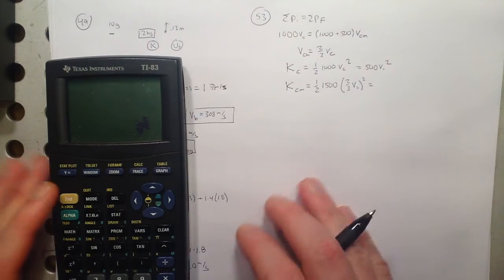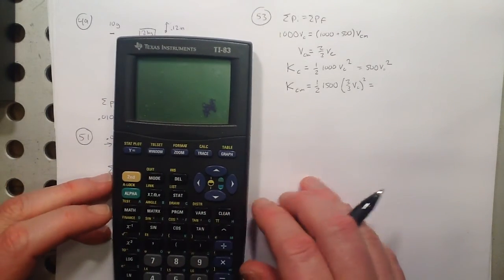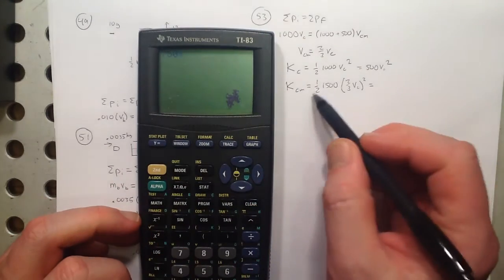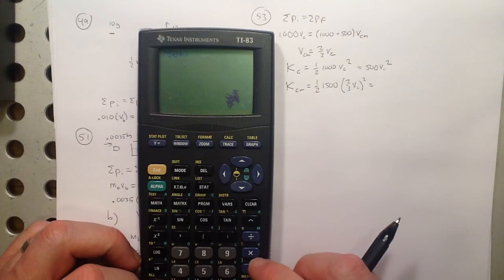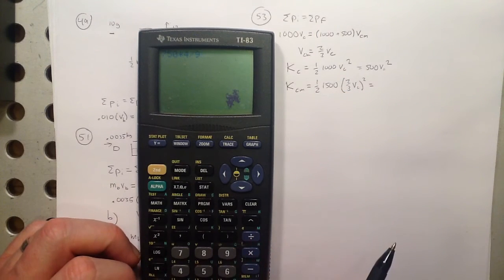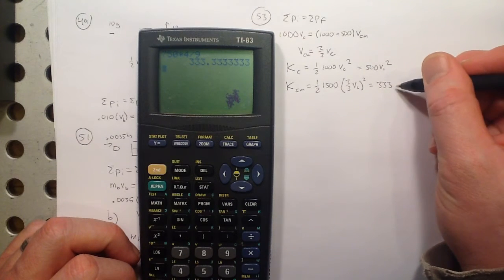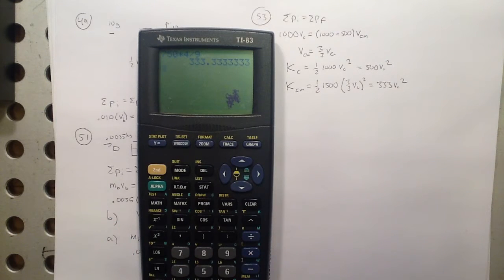So I'll just do a quick calculator work there. So I have 750 times 4/9. So that's 333 Vc squared. I kept them both in Vc because now I can compare them, right?